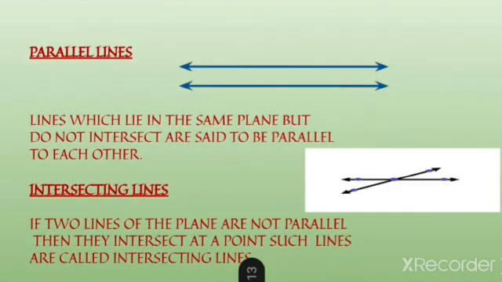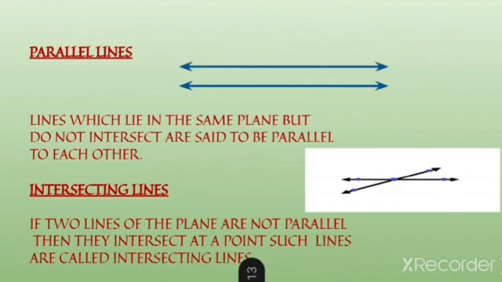Parallel lines. Students, we have studied about lines, but now what are parallel lines? The lines which lie in the same plane but do not intersect are said to be parallel to each other.